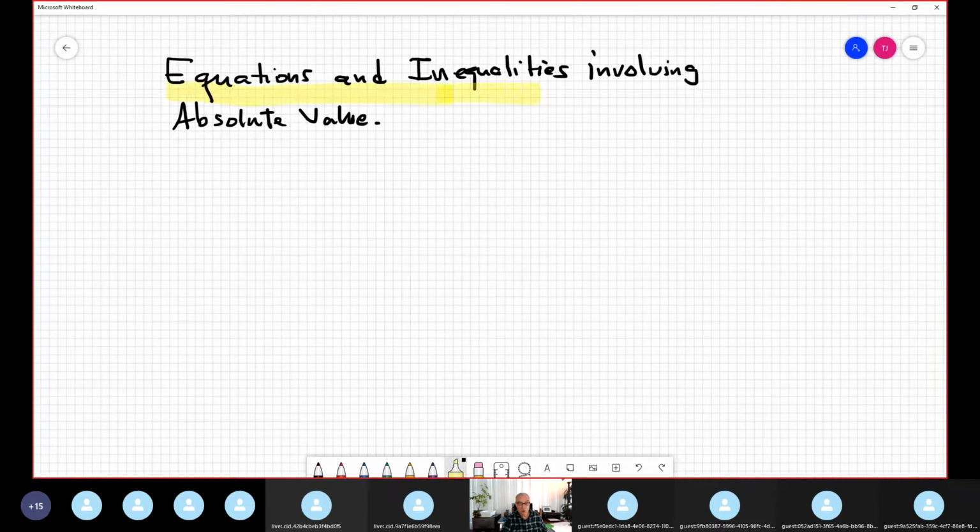Equations and inequalities that contain or involve absolute value.